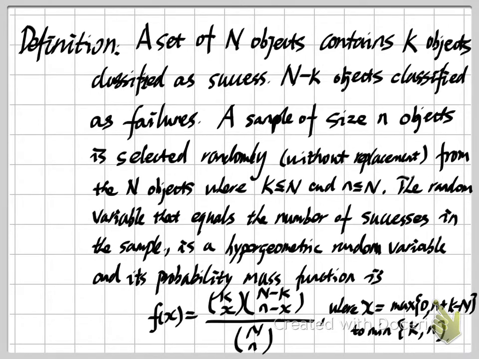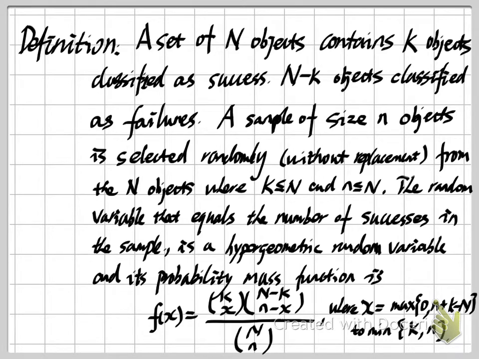And the second combination is: in this sample we have small n objects, so except these x items, the others, which means small n minus x, are chosen from the failures. Because the number of failures in our whole capital N objects is capital N minus k, the second combination selects small n minus x objects from the failures part.